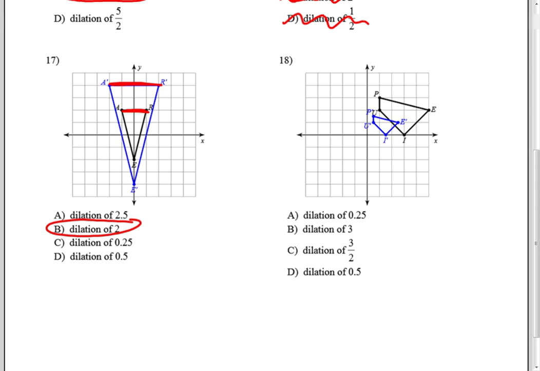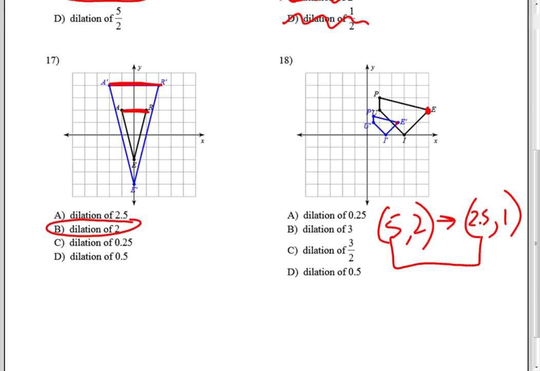Even though we've got a vertical component here, if I look at the original E, which is 5, 2, and it becomes E prime, which is 2.5, 1. I can easily see that both of these coordinates are getting cut in half. So 18 should be B. So you can either look at distances to make a decision or look at the actual coordinates.